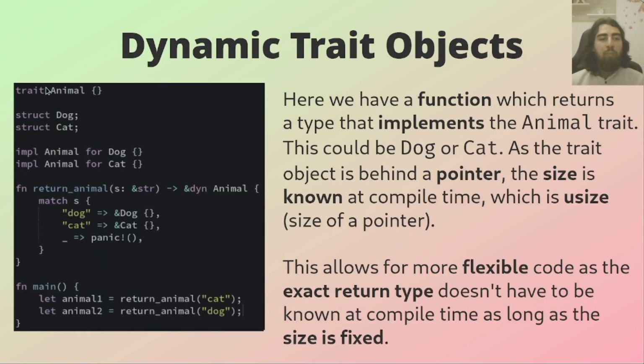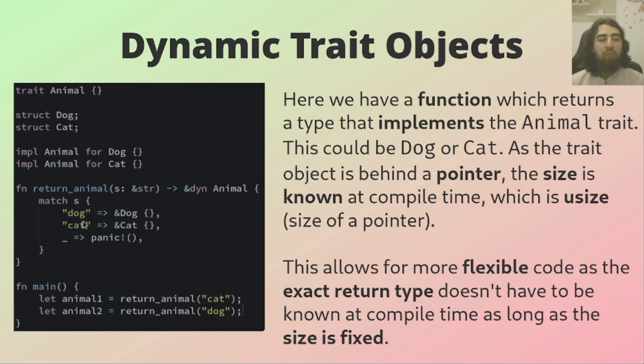Over here, for example, we have a trait animal and two custom types, dog and cat. Then we implement the trait animal for both of these types. And as you can see, we have a function return animal. It takes a string, and if this string is dog, then it returns a dog instance.